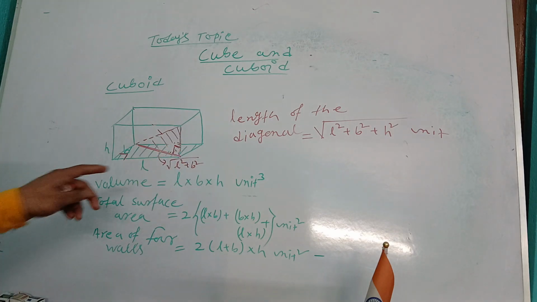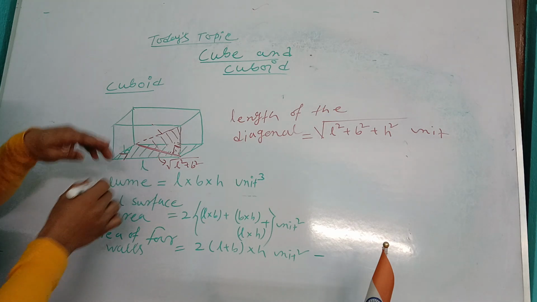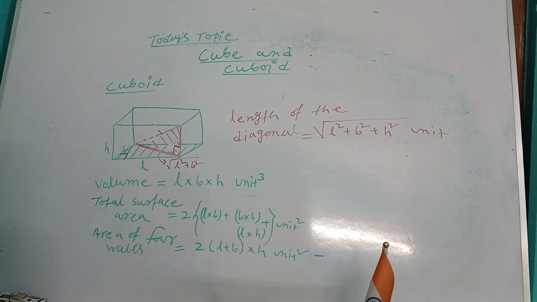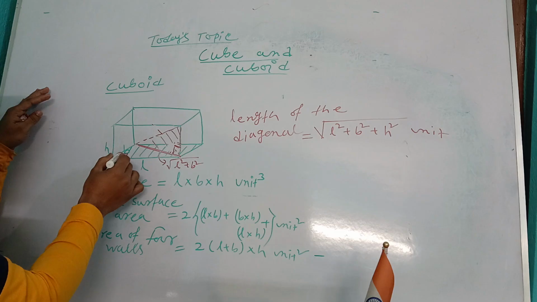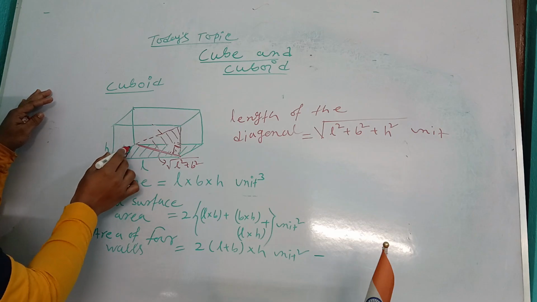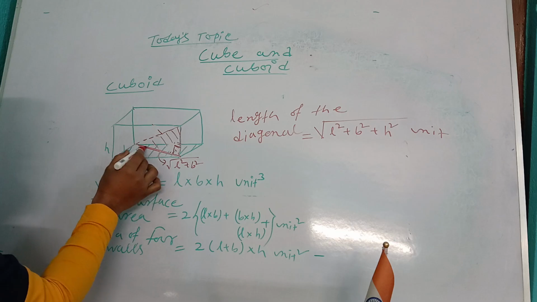This is the triangle, and this angle is 90 degree. So this side we are getting is root L square plus B square, because it is a right angle triangle, and then that is the hypotenuse.